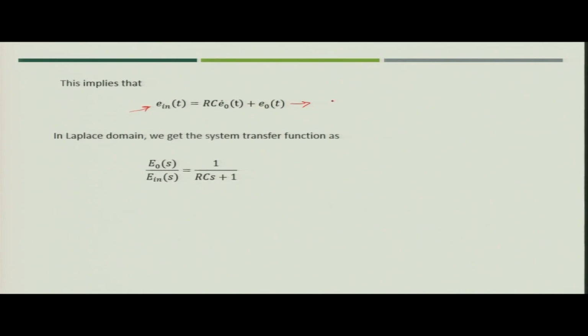In terms of Laplace, you can write E in(s) equal to RC s E naught(s) plus E naught(s). With the help of this, in Laplace domain we can easily get the transfer function, that is E naught(s) by E in(s). So, you finally get 1 upon RCs plus 1.